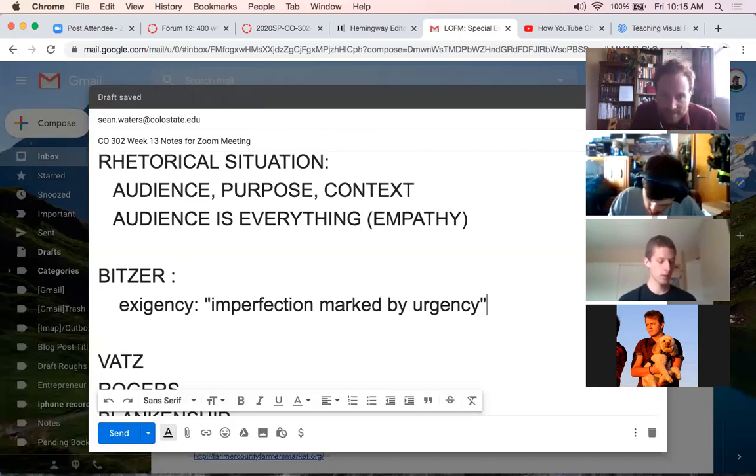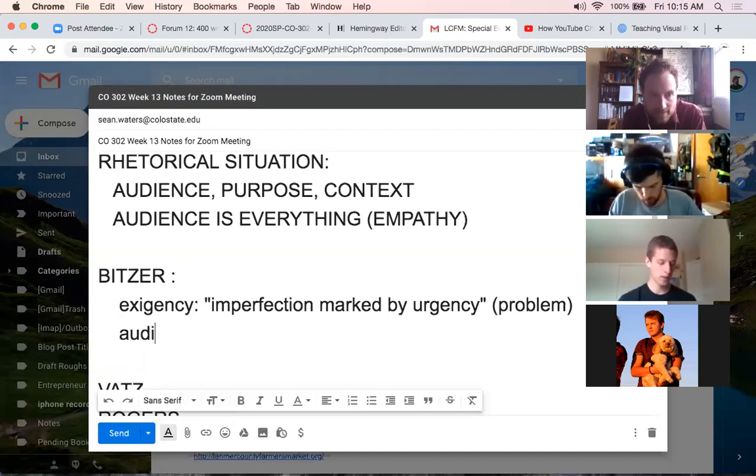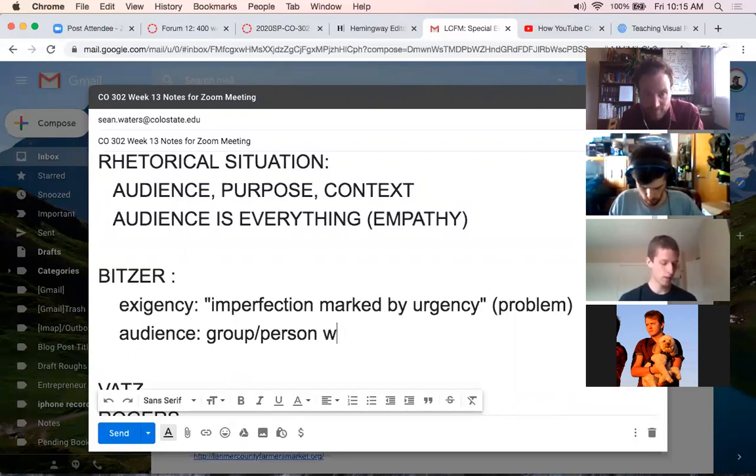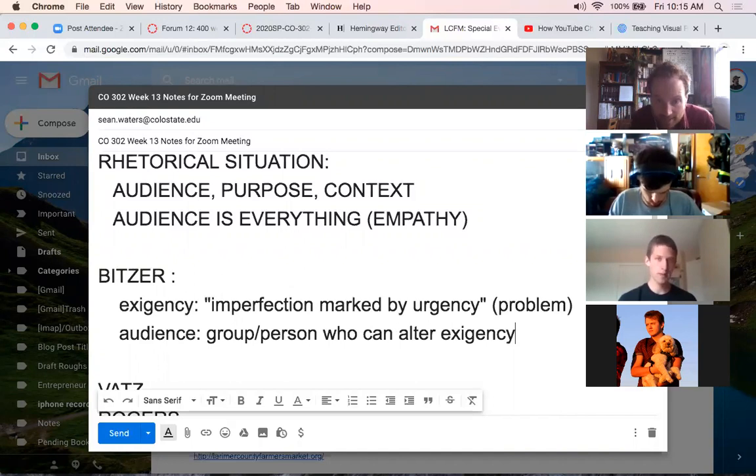In other words, we have a problem. And then he says that there is an audience, a group or a person who can alter the exigency, i.e., who can solve the problem.